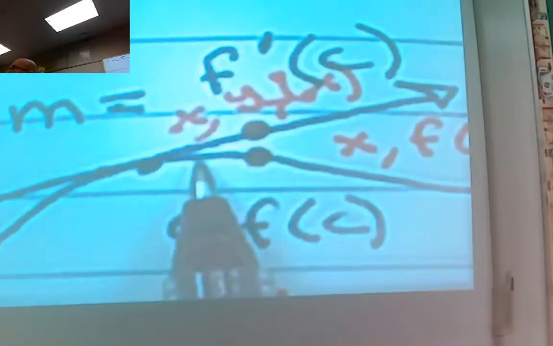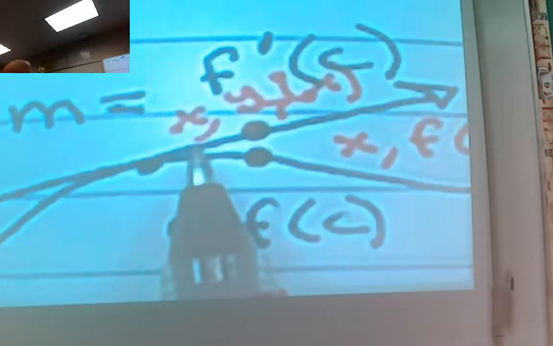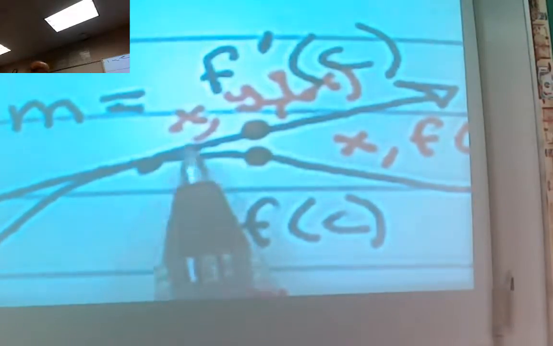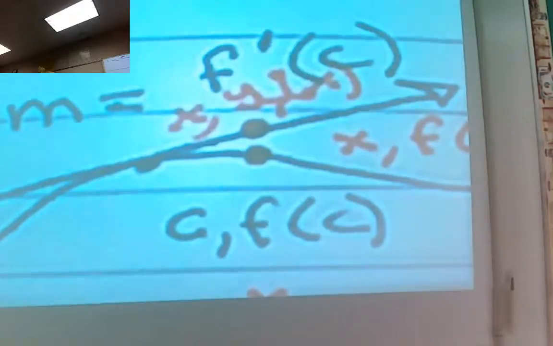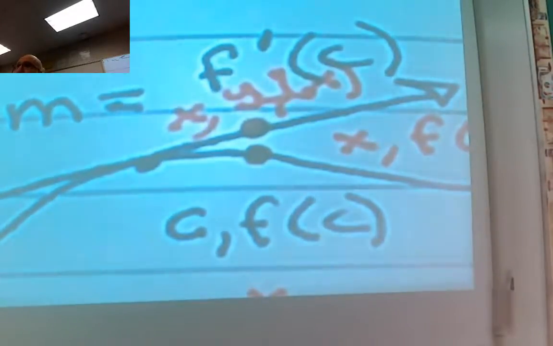Like if I move it to here, this f is f of x, this is y of x. They're really close. They're a pretty good estimate. All right, that's where I'm headed. That's using the tangent line. It's called linear approximation because I'm using a line to approximate.